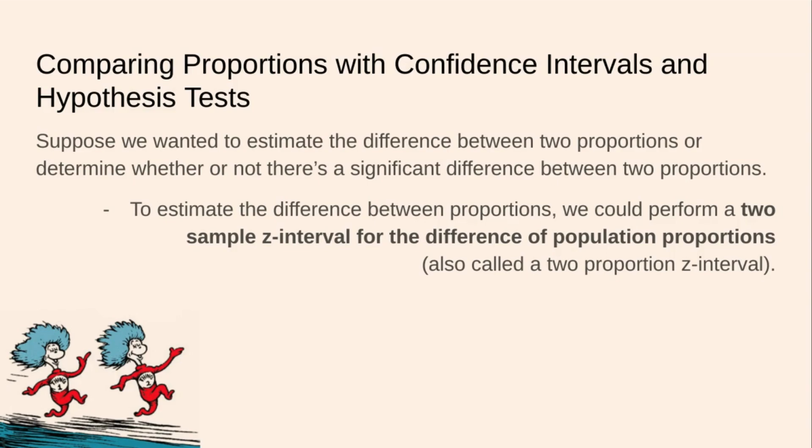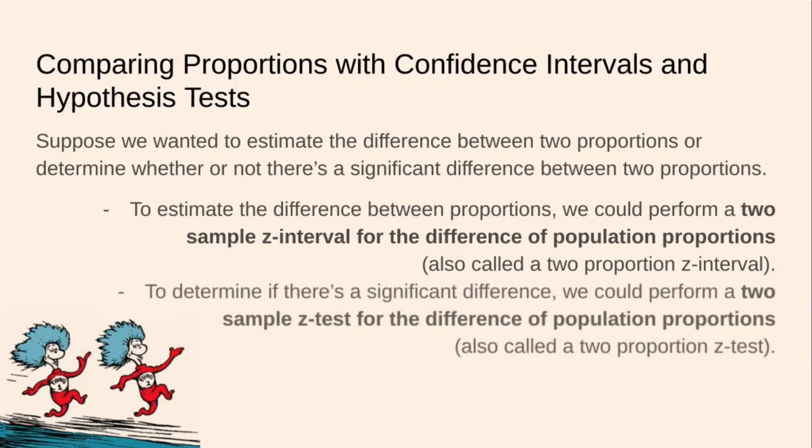So to estimate the difference between proportions, we could perform a two-sample z-interval for the difference of population proportions. This is sometimes called a two-prop z-interval, a two-proportion z-interval. So not only is there a confidence interval for one proportion, we can find confidence intervals for two proportions, specifically a difference of proportions.